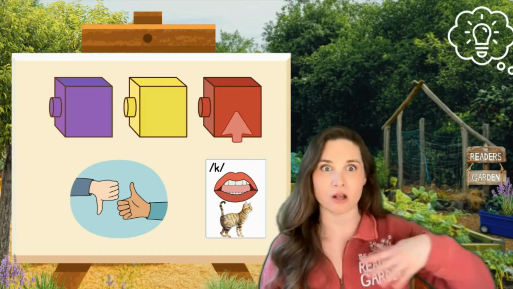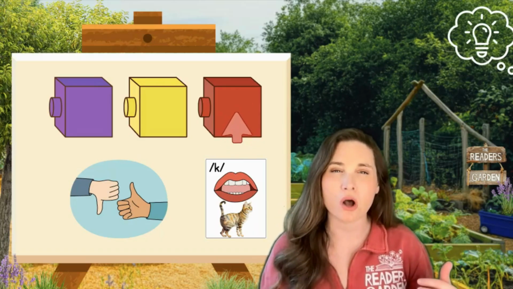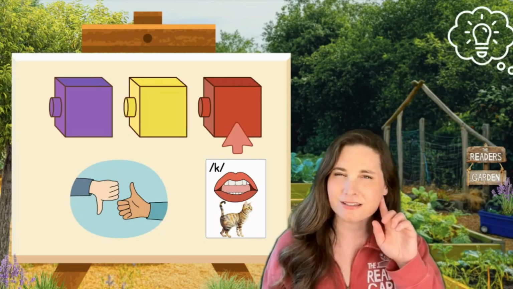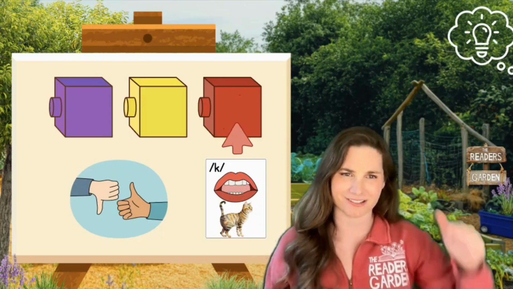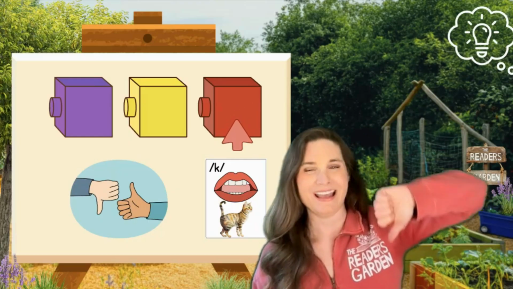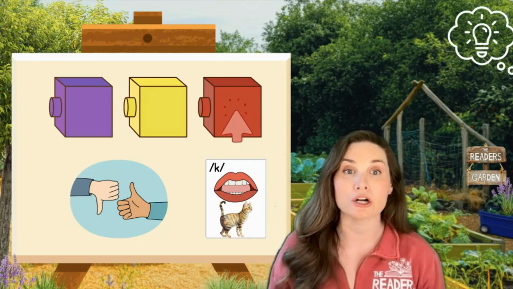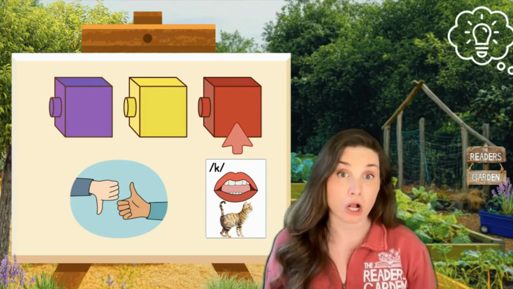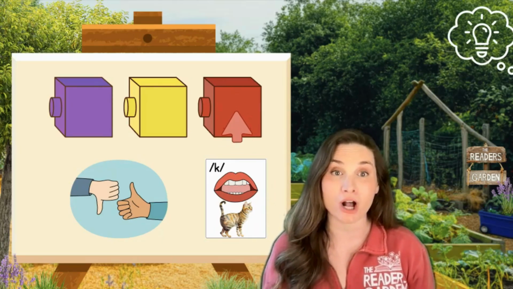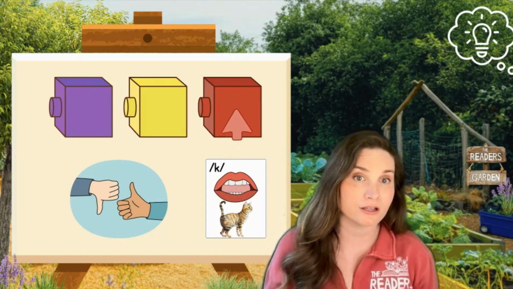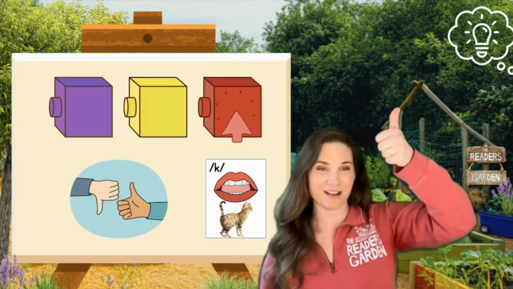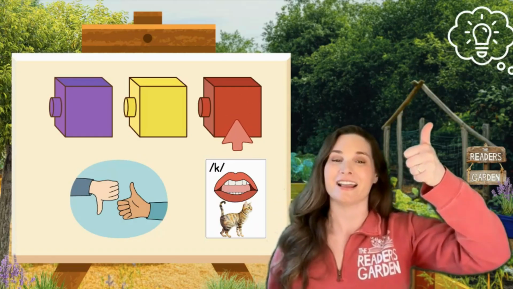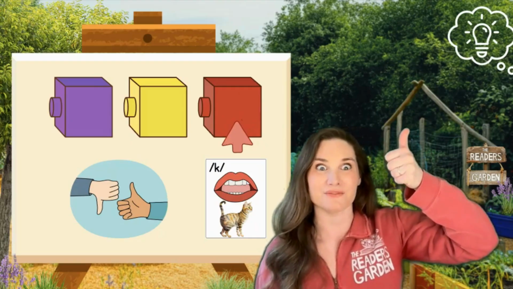Like I like to put sauce on my spaghetti. Sauce. Do you hear it? No, I don't hear /k/ in sauce. And then our last word is the word sock, like a sock that you would put on your foot. Sock. Oh, I hear it. Thumbs up for sock. And I hear the /k/ at the end of sock.